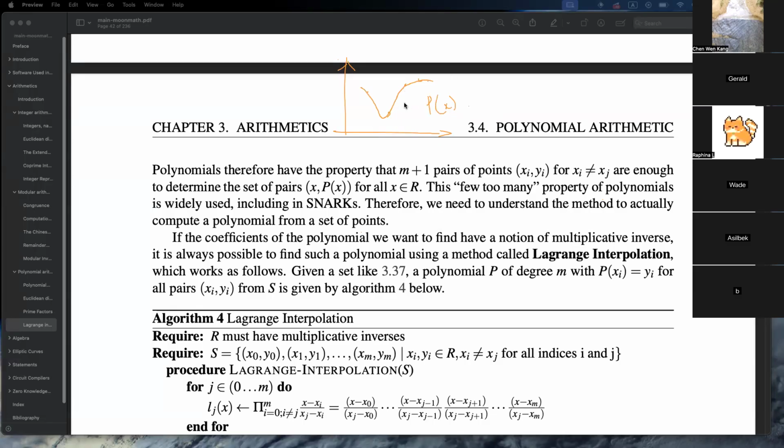If I have 4 points, you can get at most, I might be wrong, a degree 3 polynomial. And if I have more points, you can get something higher as well. That's essentially what Lagrange interpolation is.